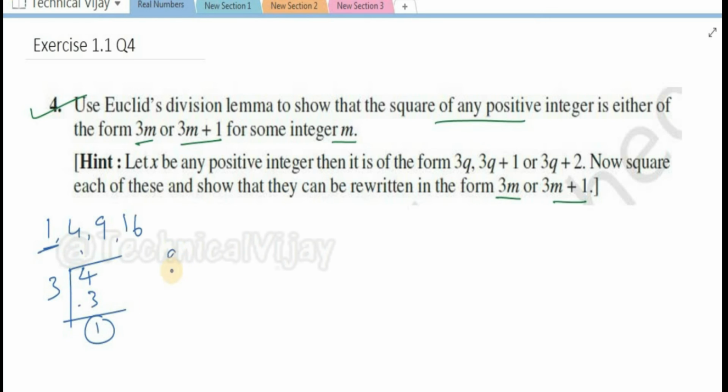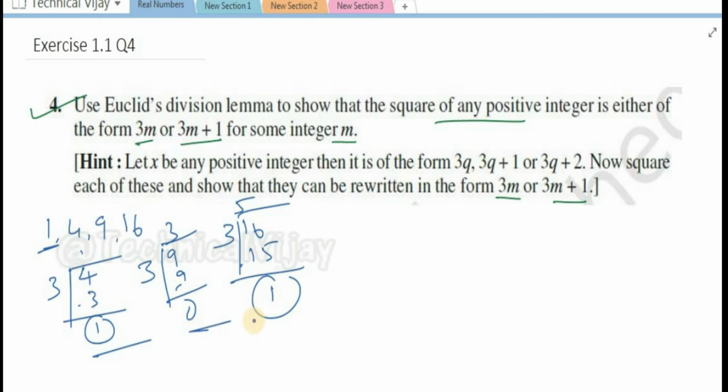So you observe the remainders are always 0 or 1. That's what he is telling, that is 3m or 3m plus 1.